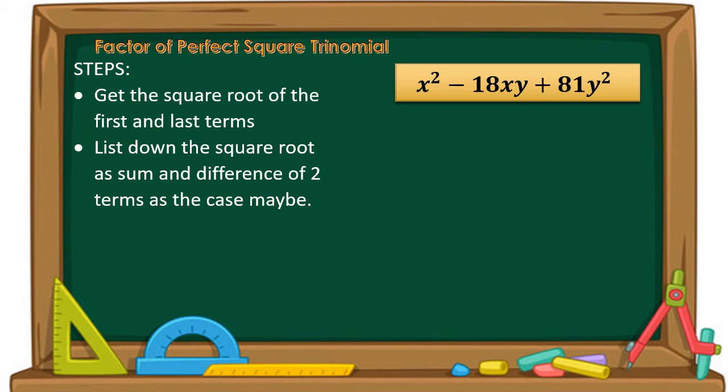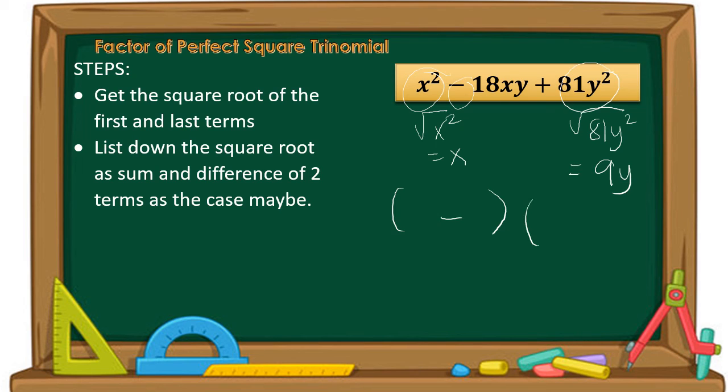Okay, so you may either choose from these two how you will write the factors of the perfect square trinomial. Okay, next we have another example here. So again, just get the square roots of the two. So you have square root of x squared will be equal to x. Square root of 81y squared is equal to 9y. So proceeding with that, since we have minus here, both binomials will be difference.